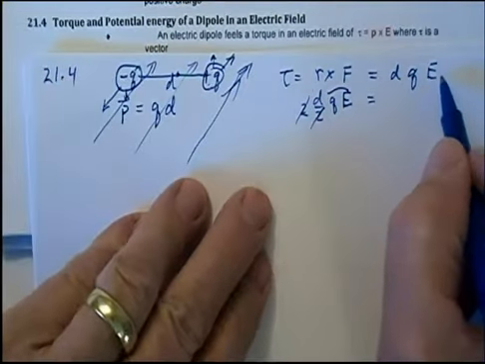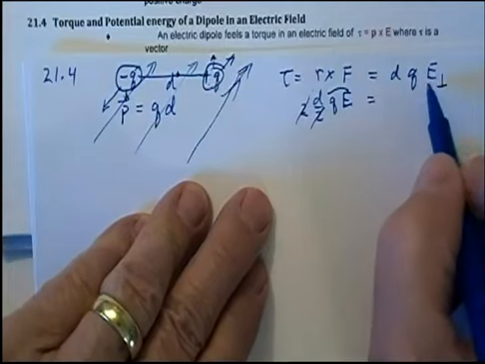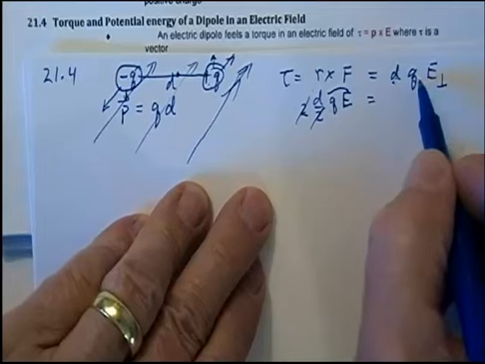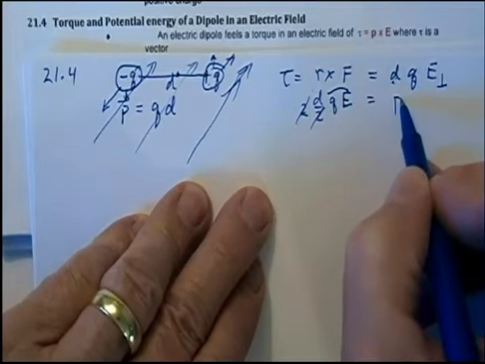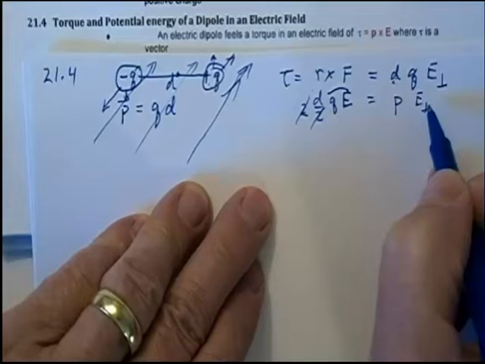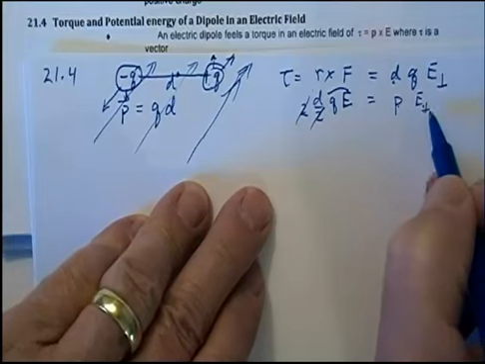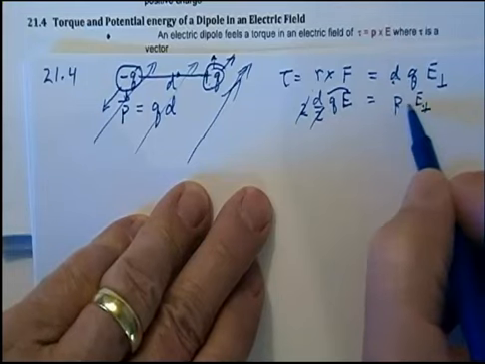And this is the e that is in the perpendicular direction to the dipole. Well, this is the dipole. This is the distance times the charge. So it's p times e perpendicular. And therefore, it's easy to see that if that's p times e perpendicular, then that's exactly the torque, p cross e.